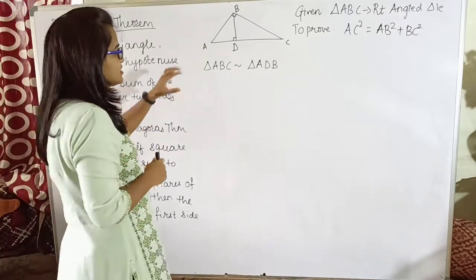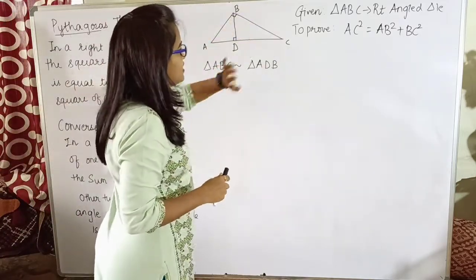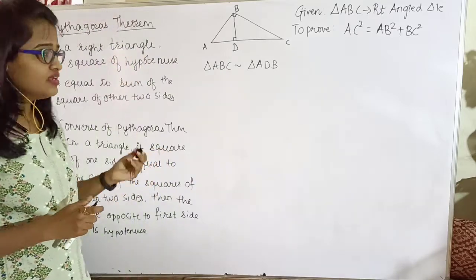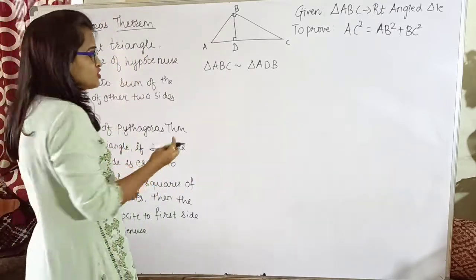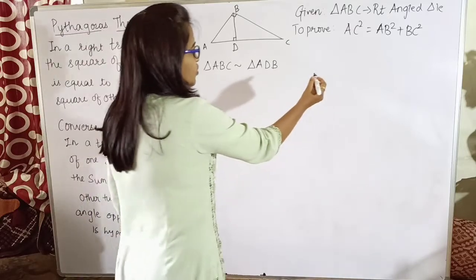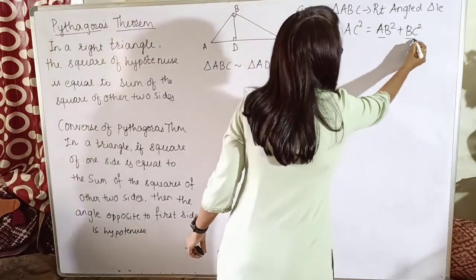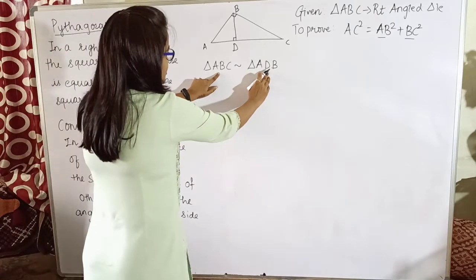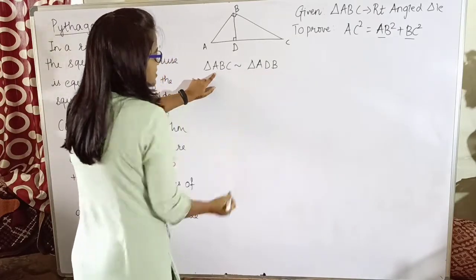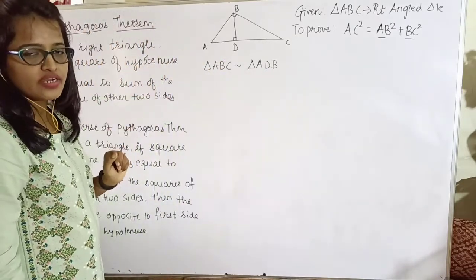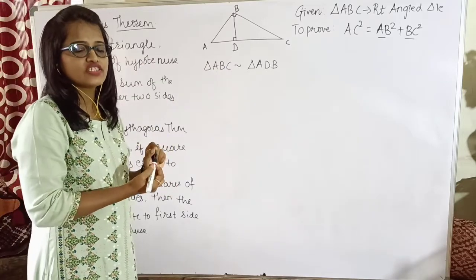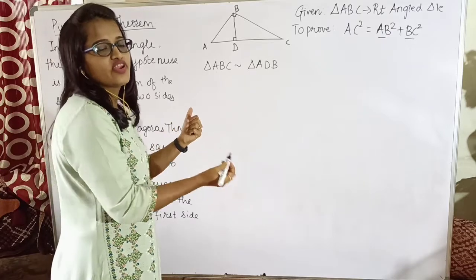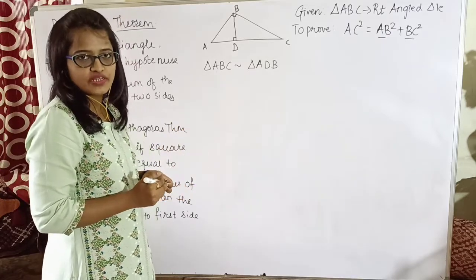And hence ABC is similar to ADB. So if the two triangles are similar, their sides will be proportional. See, I want AB square and BC square. As you can see here, AB side is present. If I want a square, definitely in one fraction the side has to be in the numerator, and in another fraction the side has to be in the denominator.